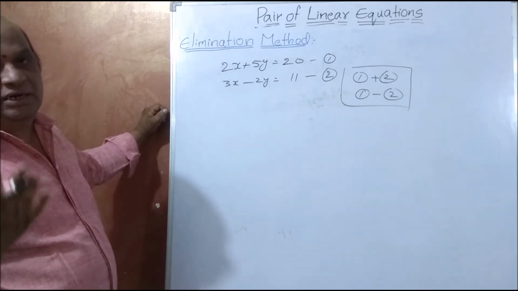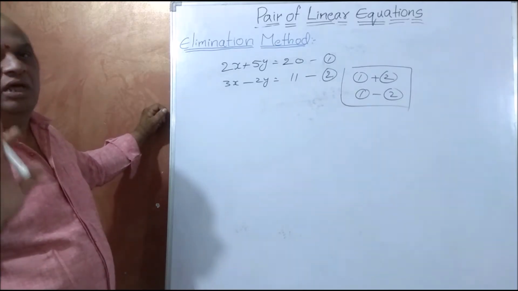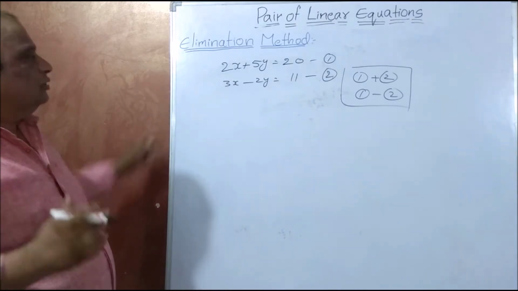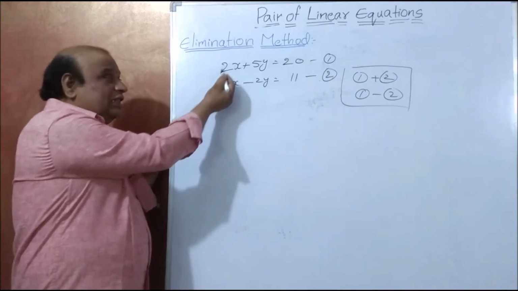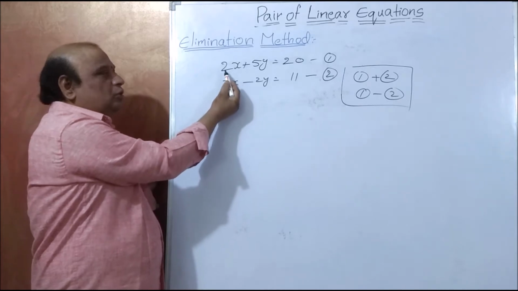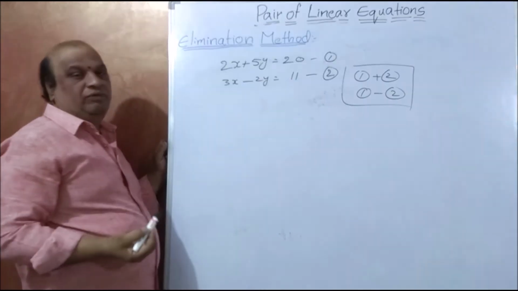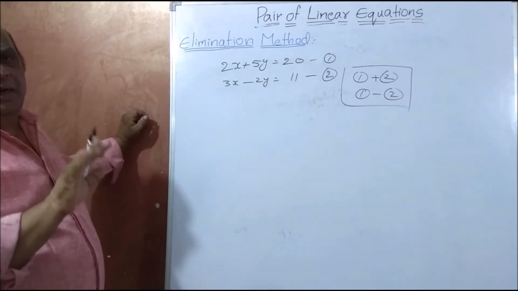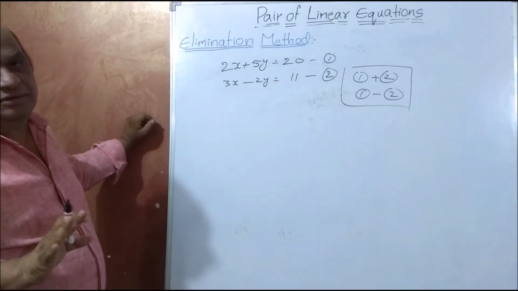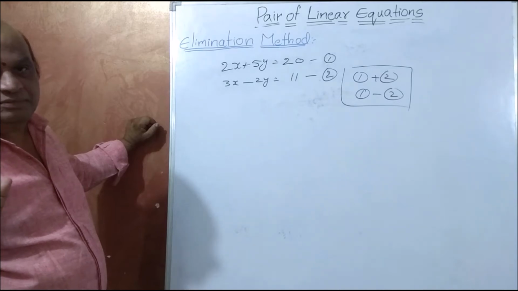How do we have to cancel now? That is the logic here. So we have to equalize the coefficients. Here you see 2, 5 are coefficients, 3, minus 2 are coefficients. They are completely different coefficients. Are you understanding?